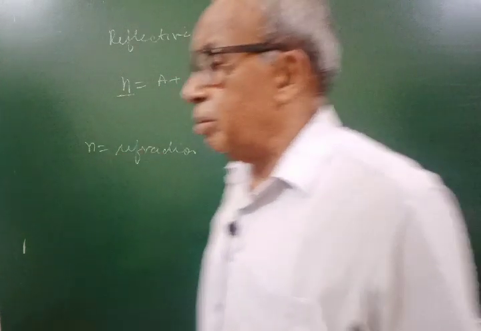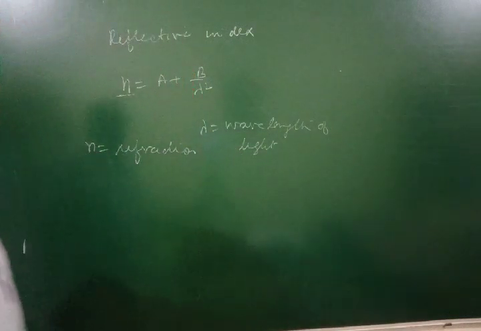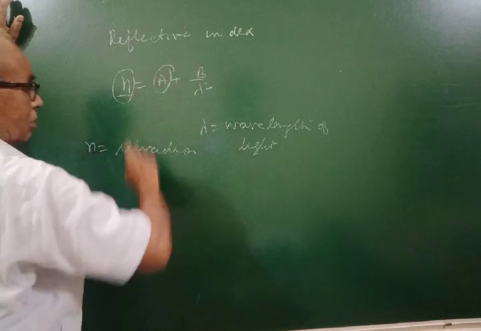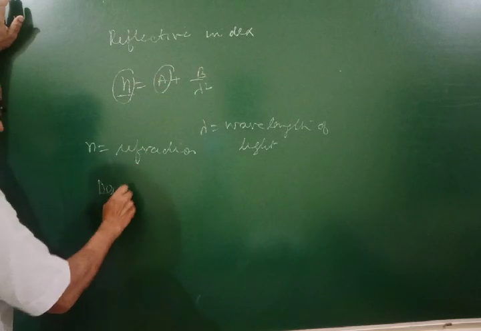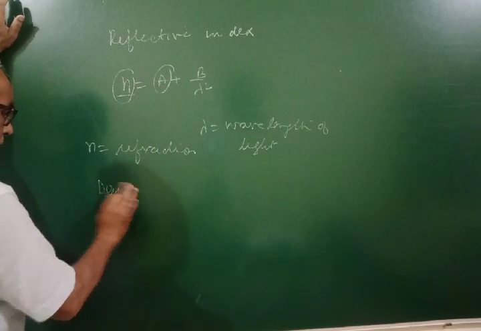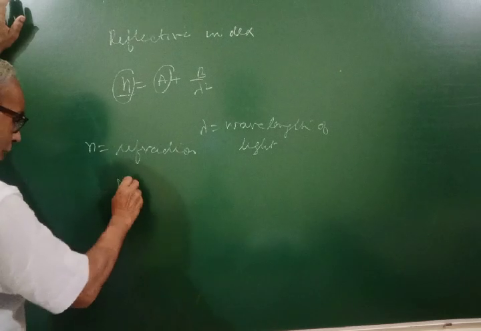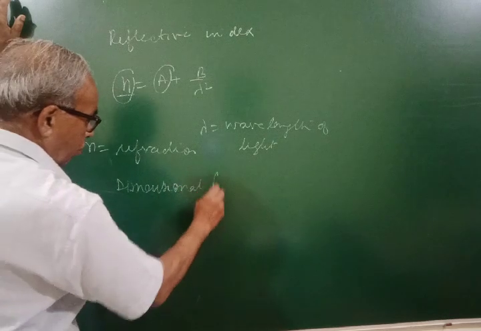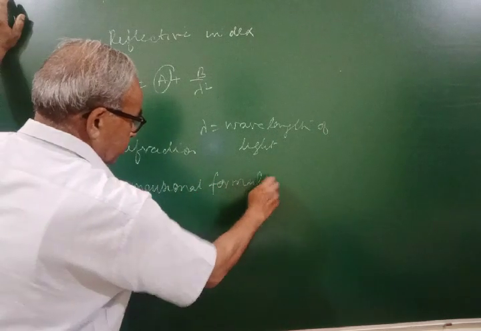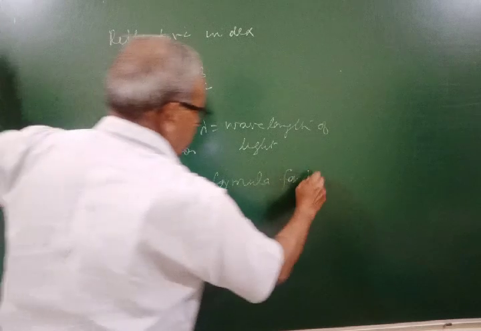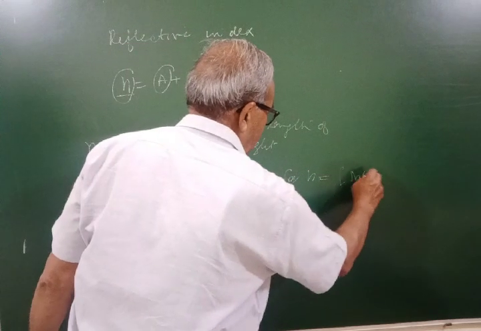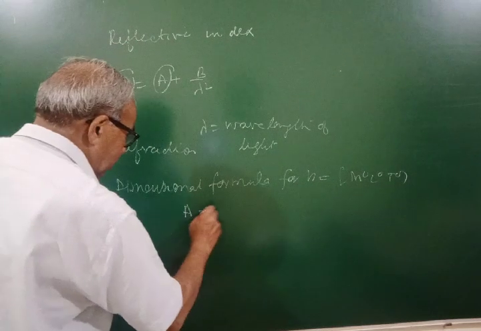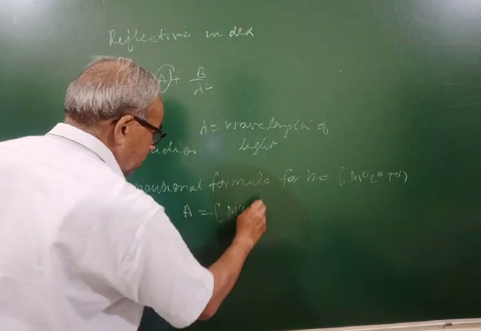By the principle of homogeneity, an equation is true if every term on both sides has the same dimension. So what is the dimensional formula for n? M0 L0 T0, and so A has dimension of M0 L0 T0.